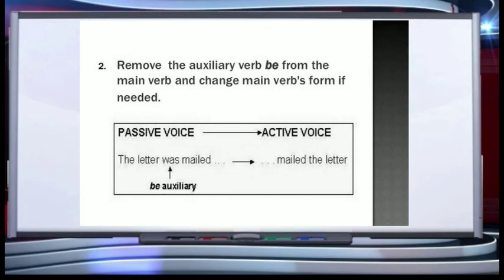Next, remove the auxiliary verb be from the main verb and change the main verb form if needed. That is, in the passive voice, it is the letter was mailed. So, it will remain in the same tense, mailed the letter. Simple past will remain in the simple past tense.